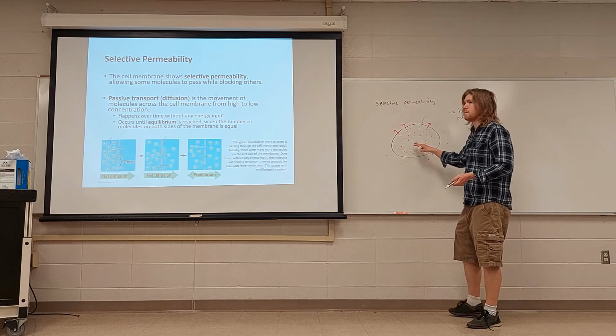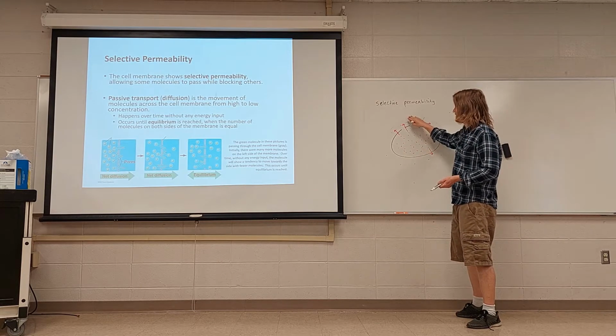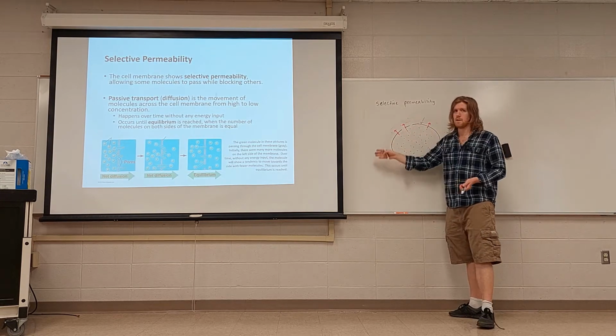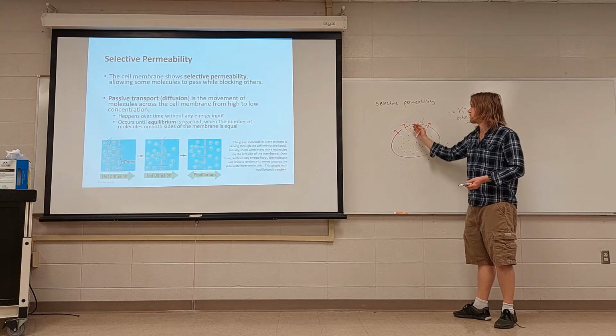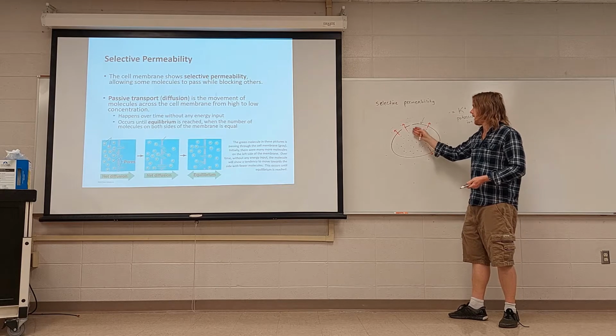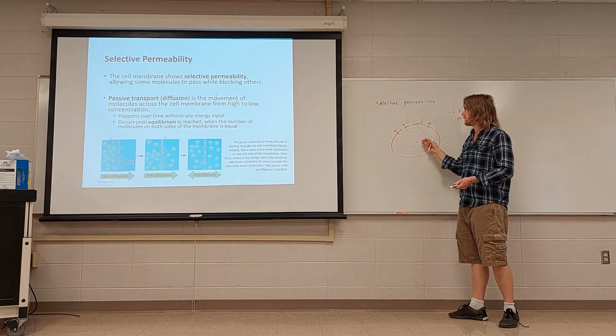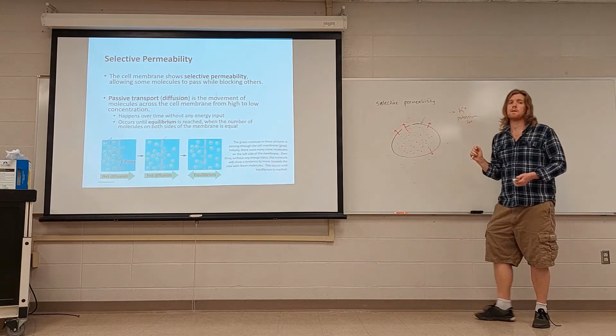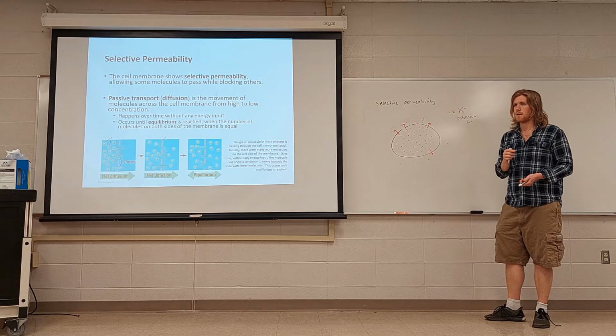Because there's a lot of them in here, there's not a lot of them outside the cell. And since they can cross that barrier, they're going to move from a higher concentration inside the cell toward the lower concentration outside the cell.